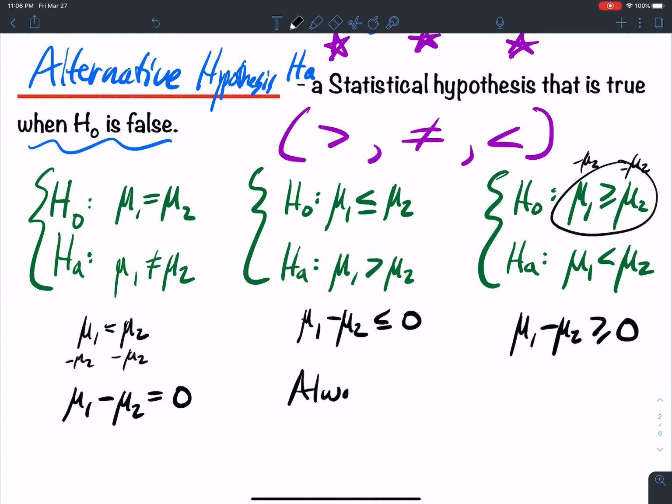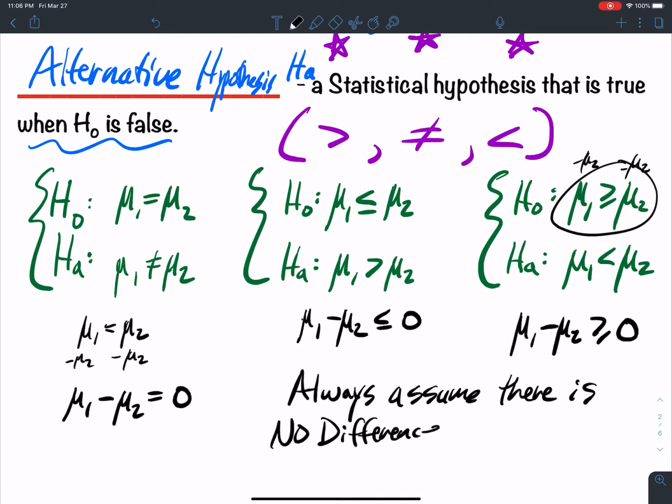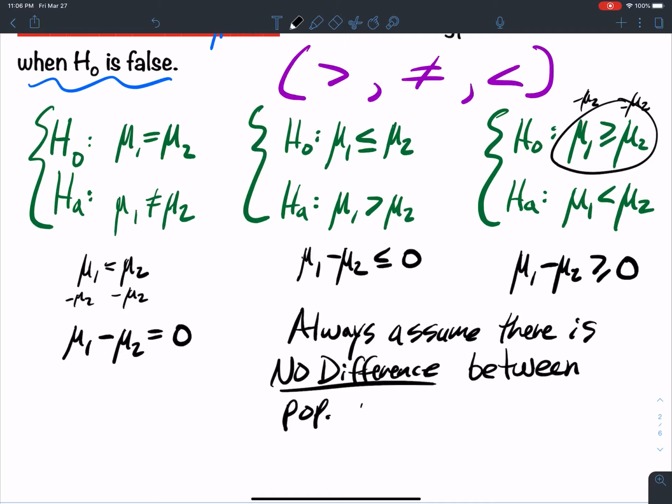We always assume there is no difference between population means, and then if we run the test and find evidence to the contrary of that assumption, meaning yeah, there's obviously a difference because the probability that there's no difference is like 0.001, right?